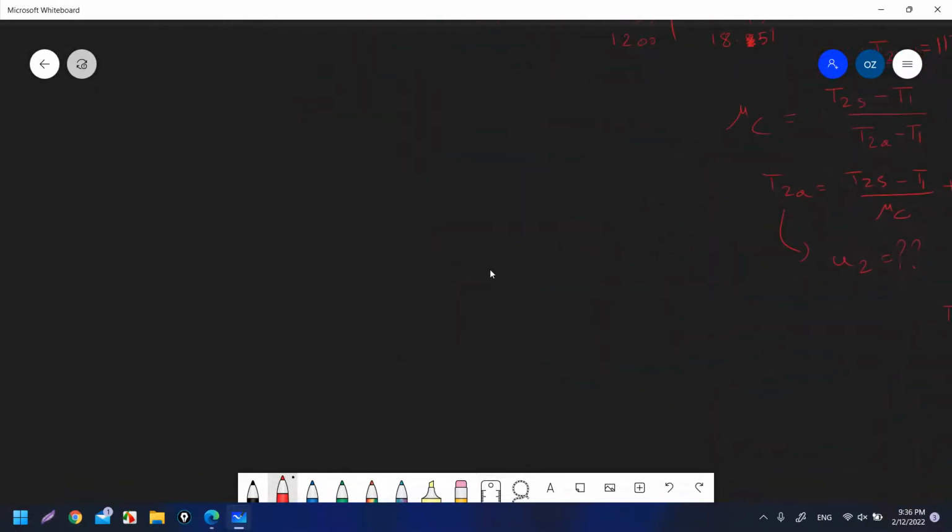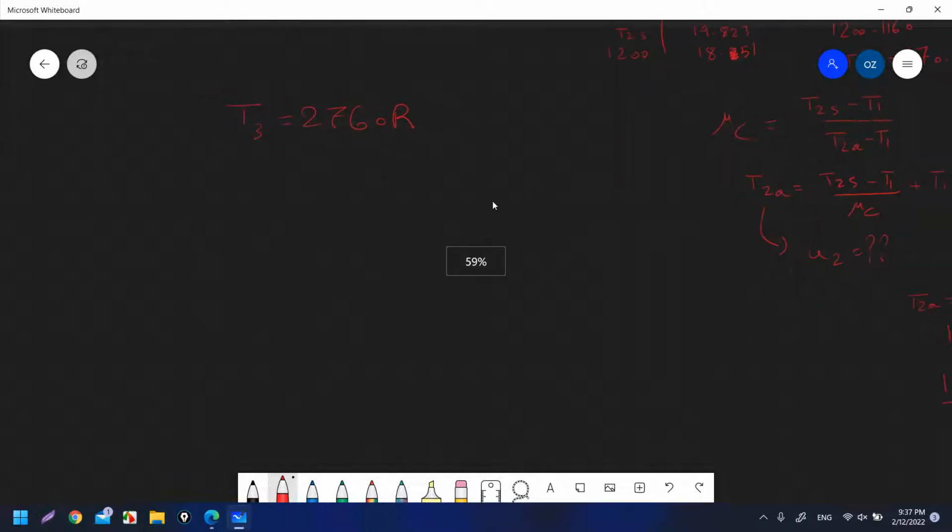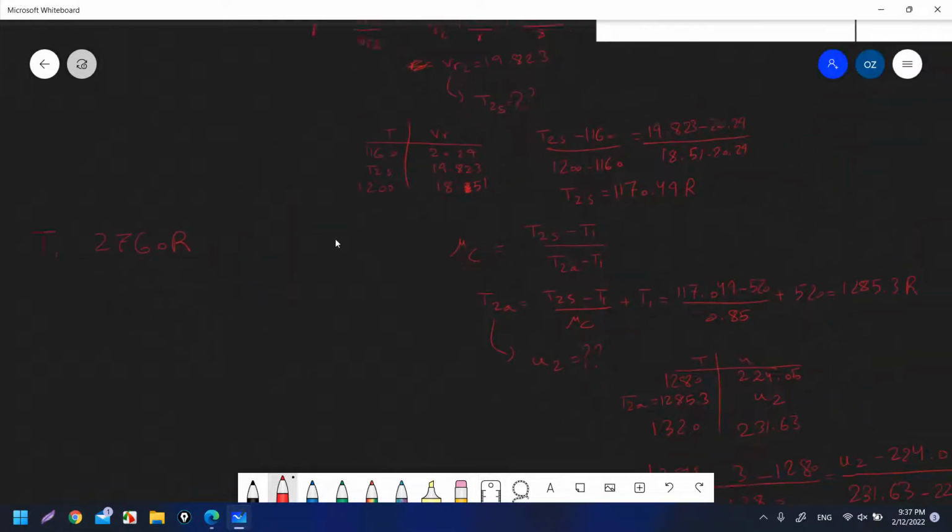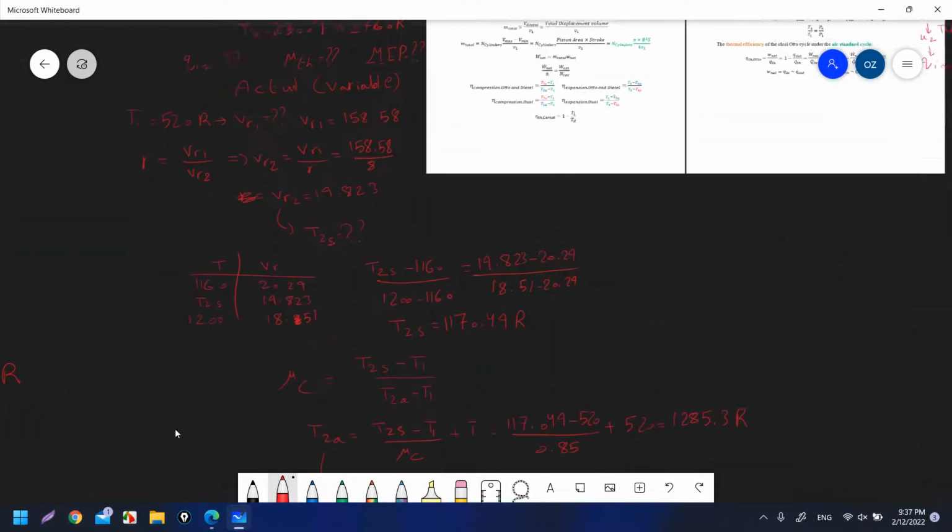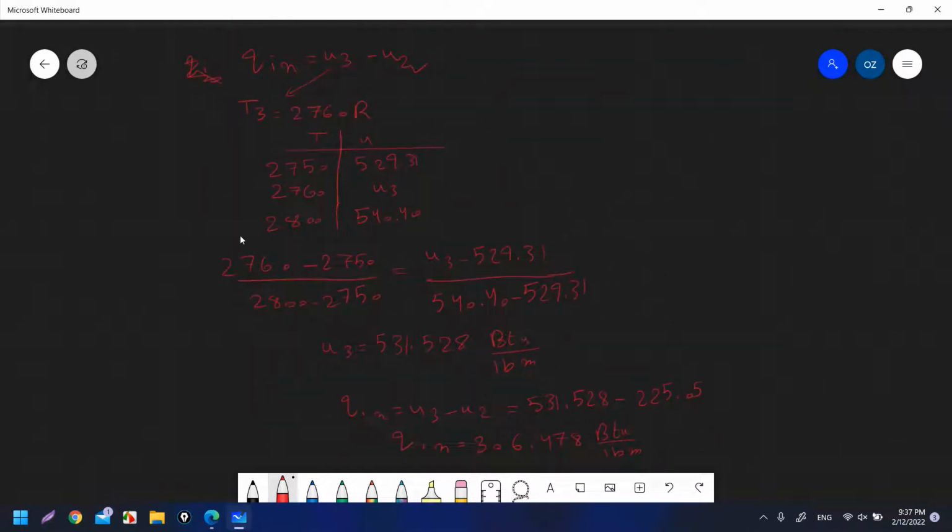Okay. So let's make interpolation for T3, so T3 is equal to 2760 Rankine. And I told you already that at each state you have to find everything. Already we made an interpolation somewhere here for T3, and we found U2. So if we already found VR again, so VR with U at the beginning, it will be easier for us.